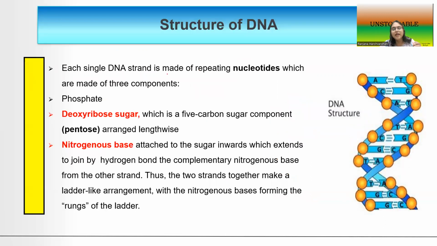Now that we know what the chromatin material is made up of, DNA and histone proteins, let us see what DNA and RNA are made up of. What these nucleic acids, DNA and RNA, are composed of. So DNA and RNA are polymeric molecules. They are polynucleotides.